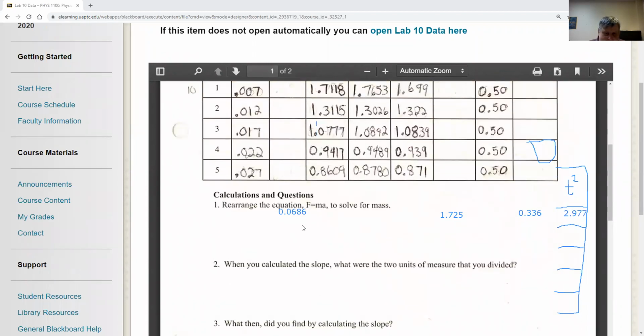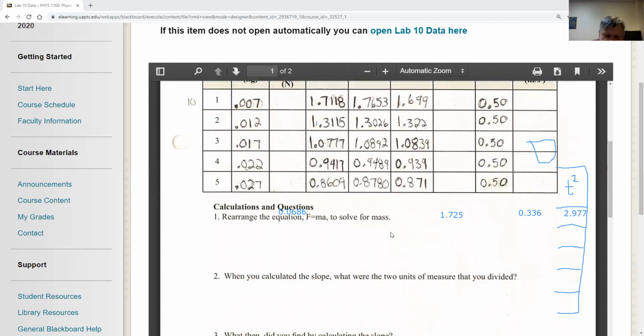Now, once you have these numbers, you're going to come down here. And as I had this earlier, m is equal to f over a. So here's f, and here's a. I'm going to divide those two numbers now. 0.0686 divided by 0.336.